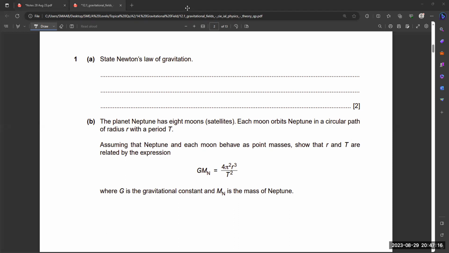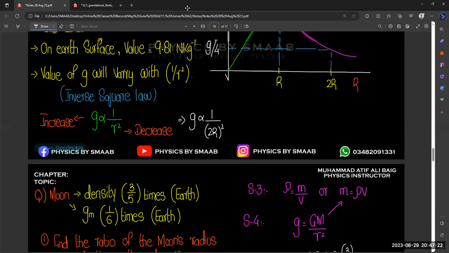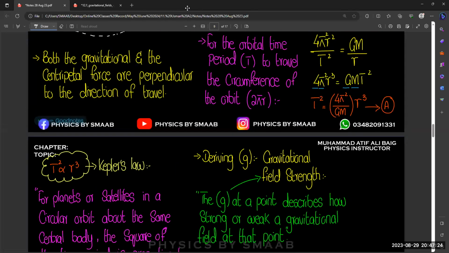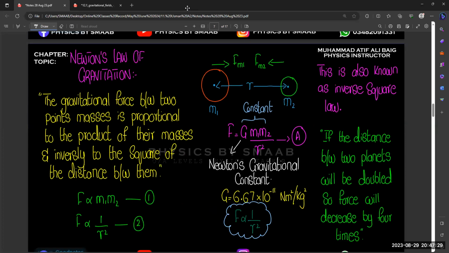So if you remember the statement that we discussed in the gravitation law, this is the statement: the gravitational force between 2 point masses is proportional to the product of their masses, right? Yes.